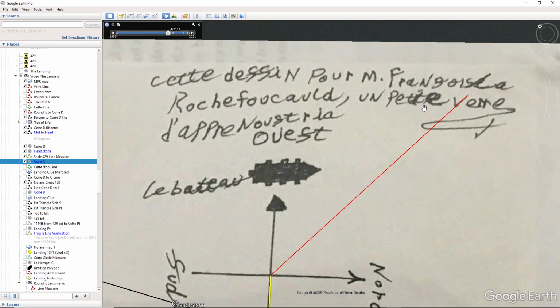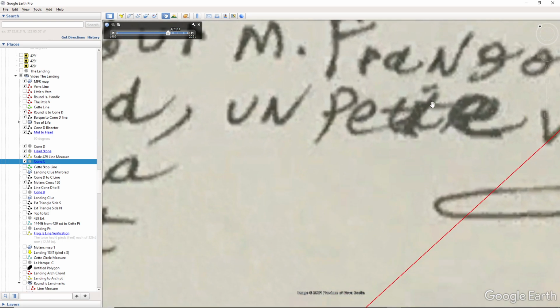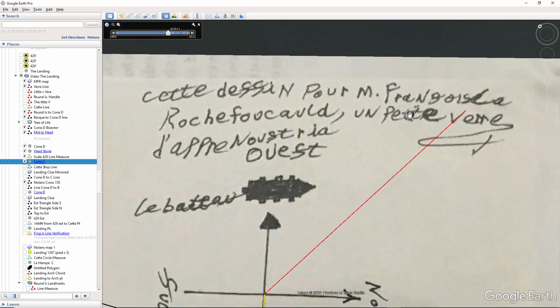And the last clue up here for this note is the Petite. This is an error. It should not have an E here. And you can see that this I is in between these two T's.